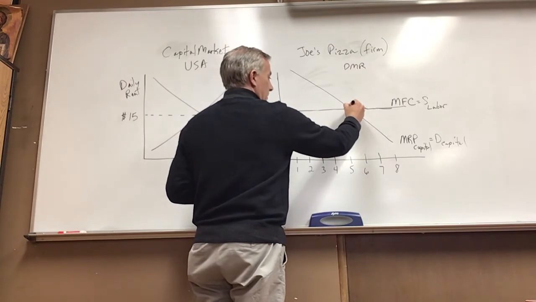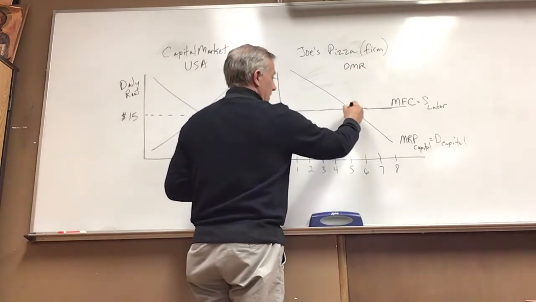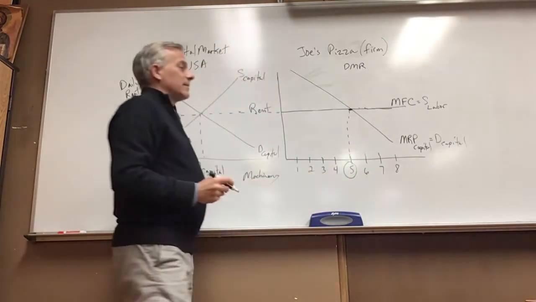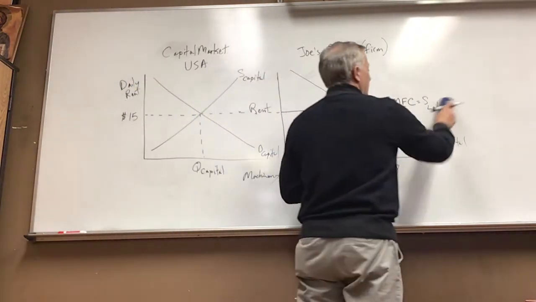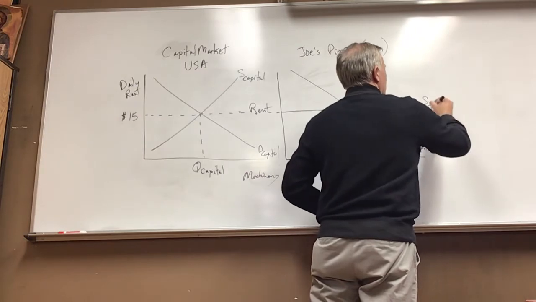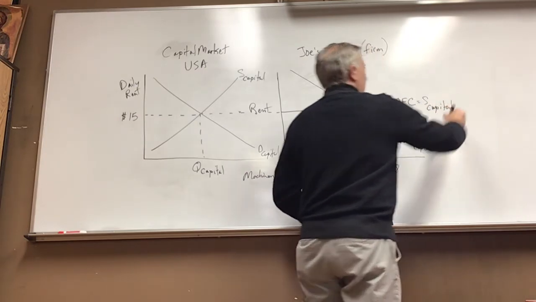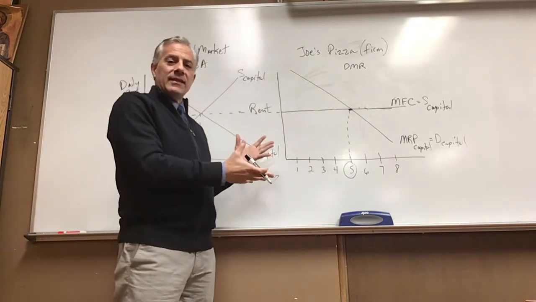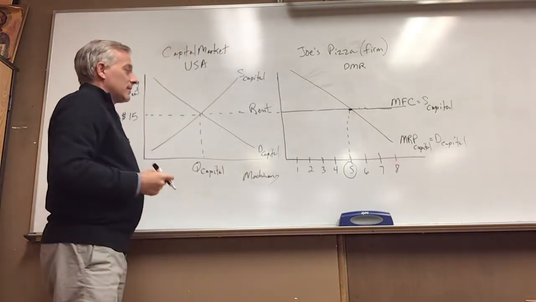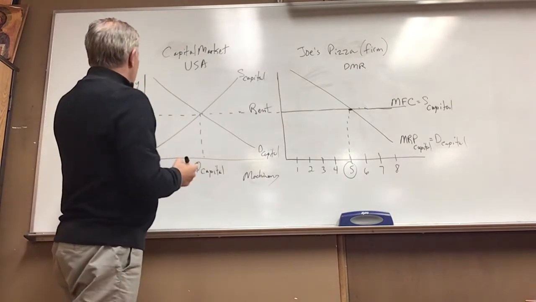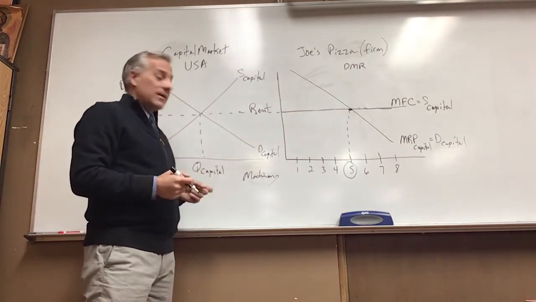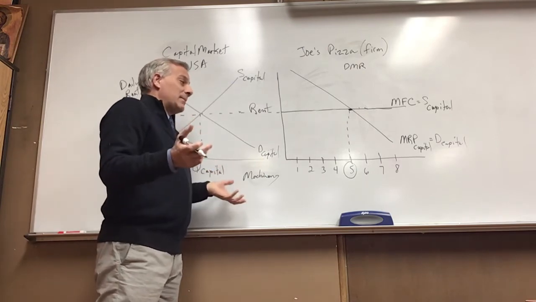And I'm gonna cheat a little bit and say that this is 5 pieces of machine. And then this would be supply of capital. So essentially, everything is exactly the same, okay, when we're talking about machines versus employees, except this is rent, and this is supply and demand of capital, okay, and obviously we're talking about machines.